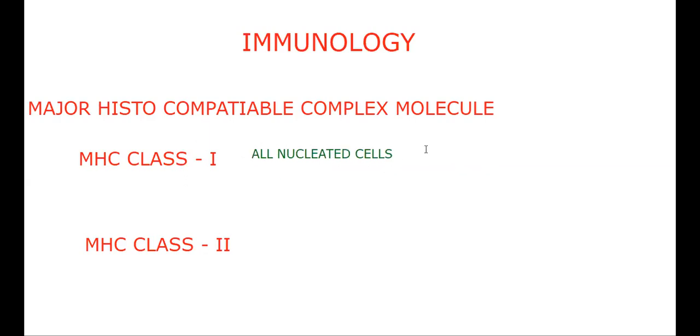When a microbe infects the host cell, that means our body cell, the cell is called an altered self cell. An infected host cell can be called an altered self cell. Any nucleated cell having MHC class 1, when it is infected, we say it is an altered self cell.